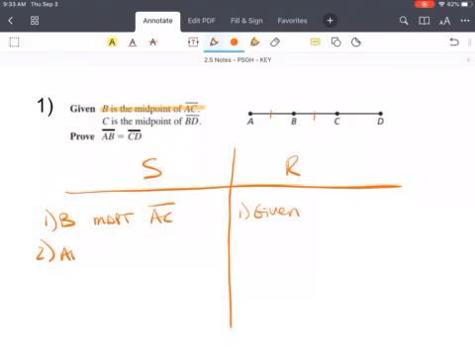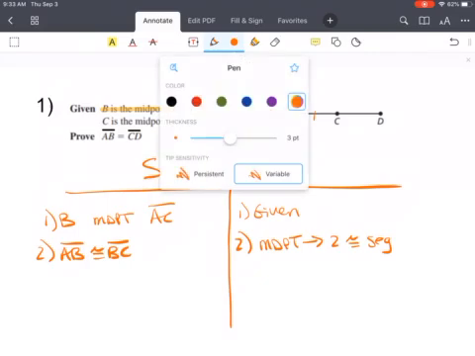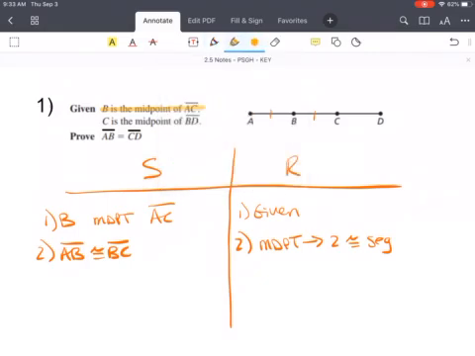So I get to say then, we've already talked about midpoint, AB is congruent to BC. And my reason is midpoint implies two congruent segments. So we're using the definition of midpoint in order to say that. Our next one says C is the midpoint.